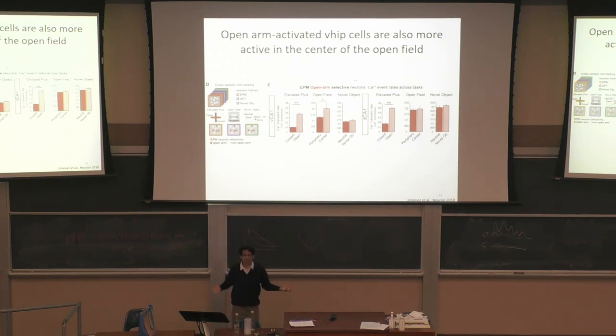They're just firing in that like GPS location kind of. And in this other environment, they don't care about the openness. So here it would be an example of these open arm preferring cells of the dorsal hippocampus are not really representing openness. They were just representing that random patch of space which happened to be in the open arm.